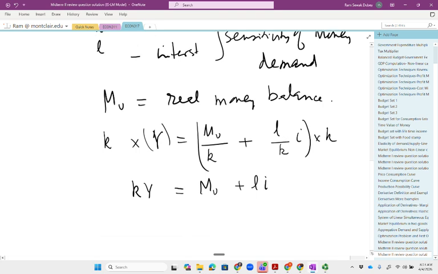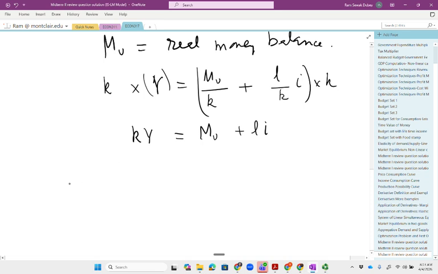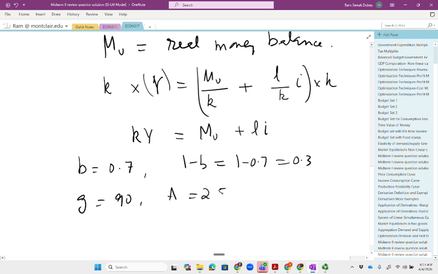It is given that b is 0.7, which gives us 1 minus b, the marginal propensity to save, as 0.3. g is given to be 90. A is given to be 250. k is 0.25. L is 200 and m0 is 176.